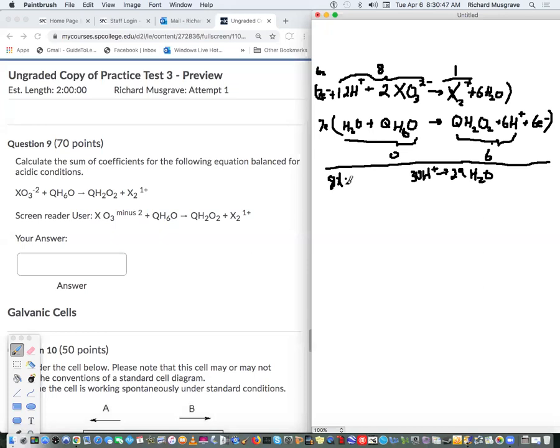We've got 8 XO3 2-, and we've got 7 QH2O. And on the other side, we've got, let's see, 6 X2+. It's not really making sense.